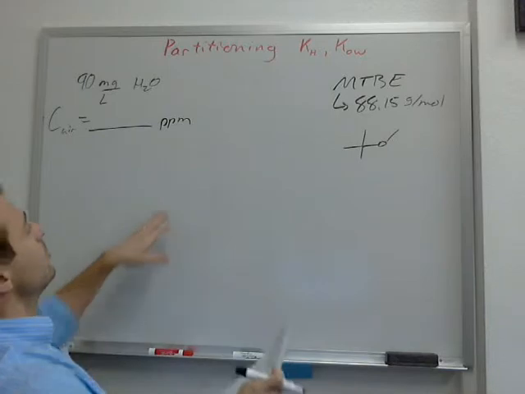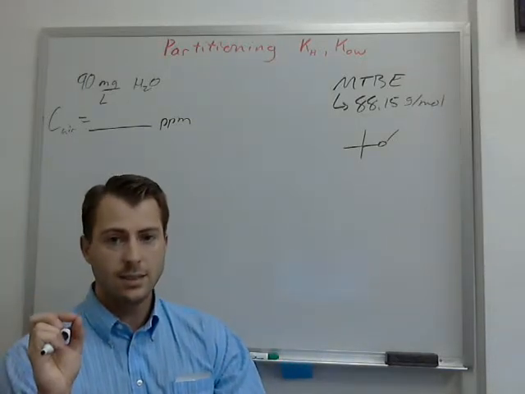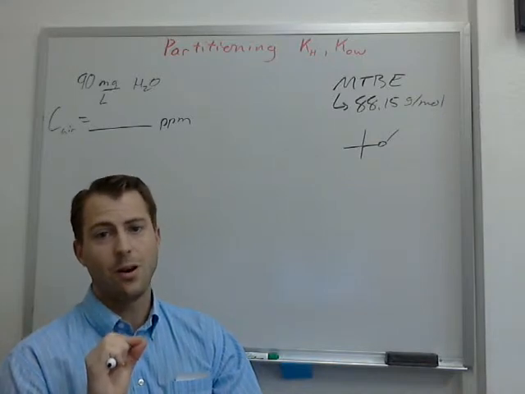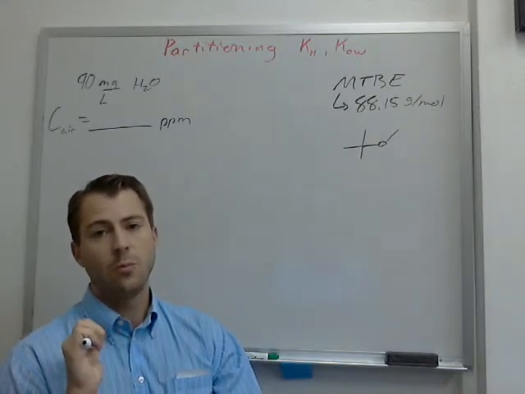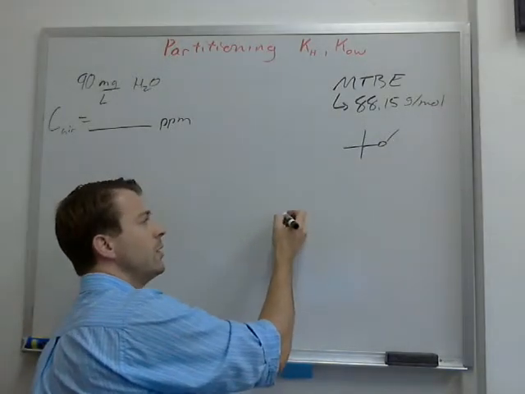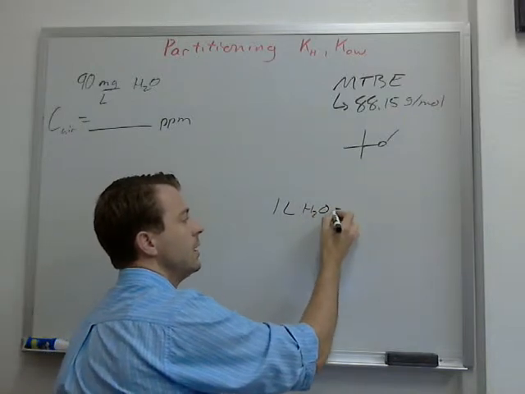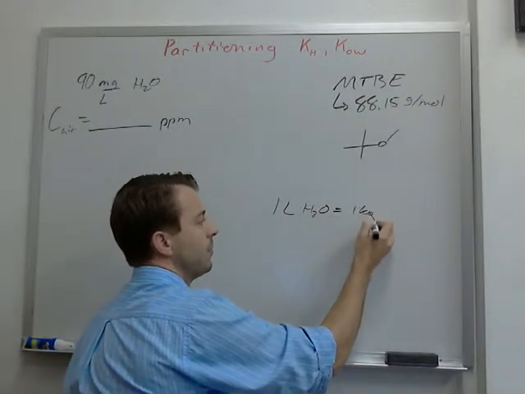This is where it's important to remember that ppms for gases are different than ppms for water or for liquids. In water and solution chemistry, we know that 1 liter of water equals 1 kilogram.